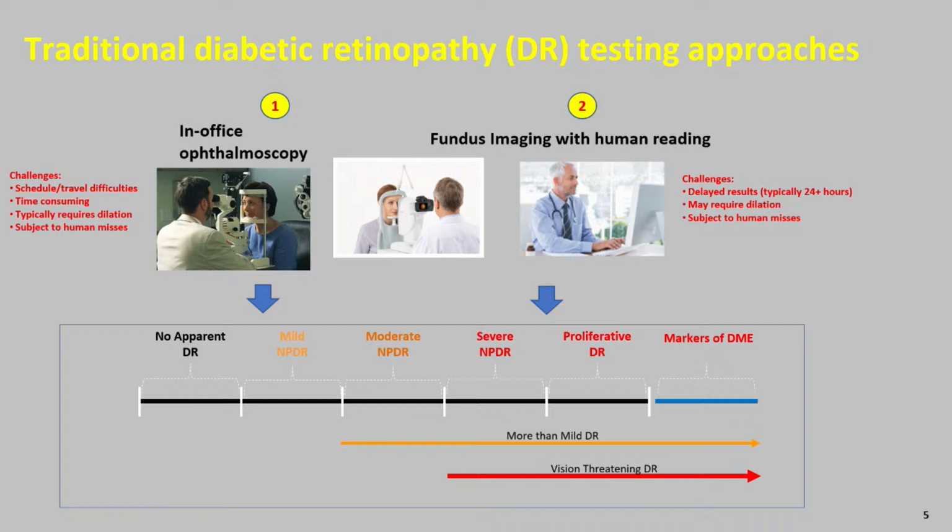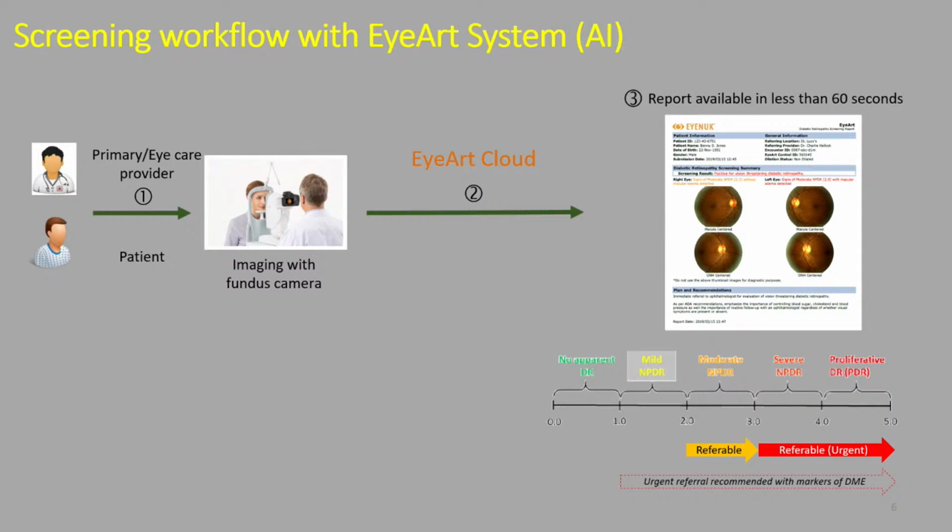And the results could be referral to the retina specialist, control at different times, or the patient doesn't have any lesion, as you can see here. Also, some cameras don't need dilatation.